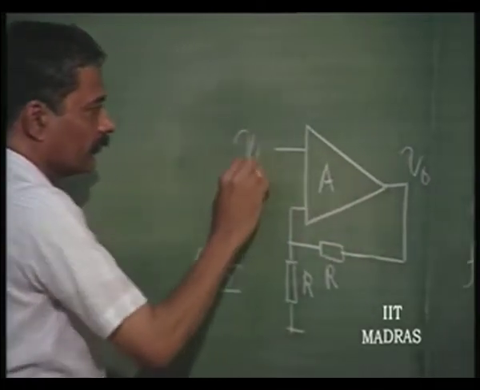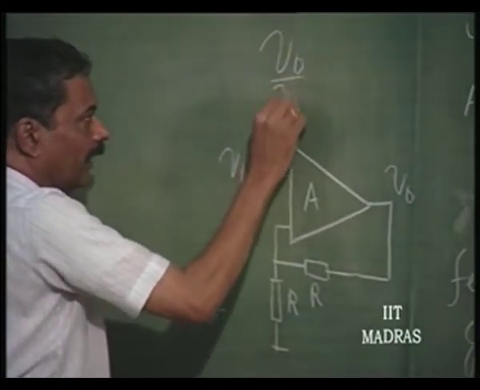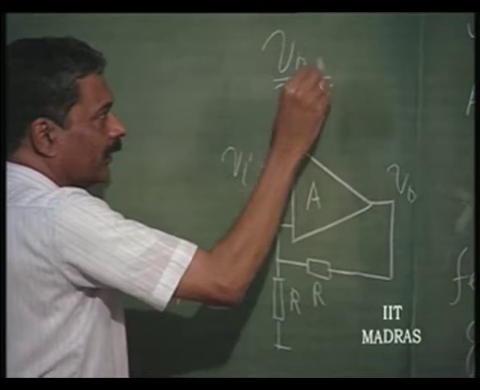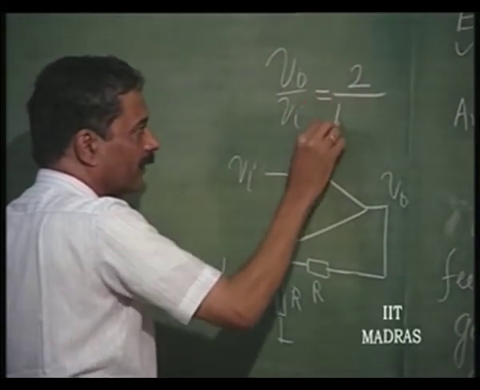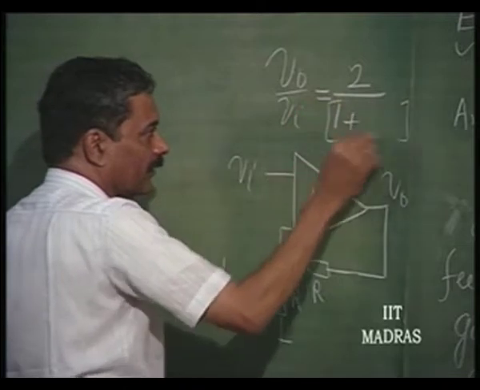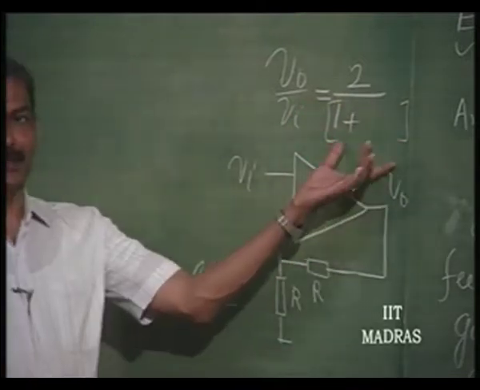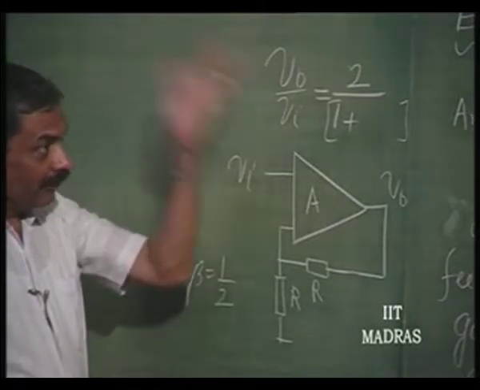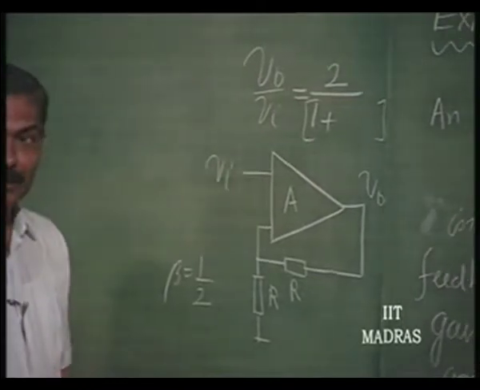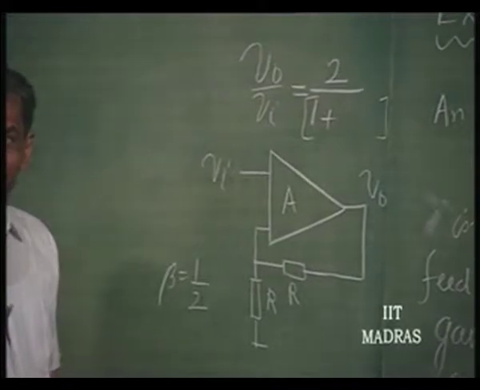So, V naught over V I is going to be 1 over beta. So, that is actually going to be 2 divided by 1 plus something. We want to maximize this bandwidth here. What should we do? With 1 pole it is no problem.